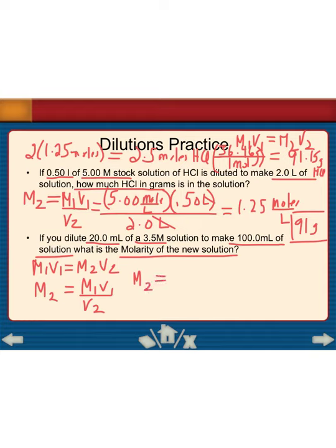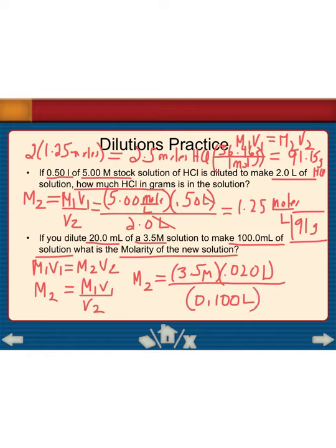M2 then is equal to M1, which is the initial stock solution, so 3.5 molar. We're making 20 mL, so 0.020 liters. And the new volume is going to be 100 milliliters or 0.100 liters.